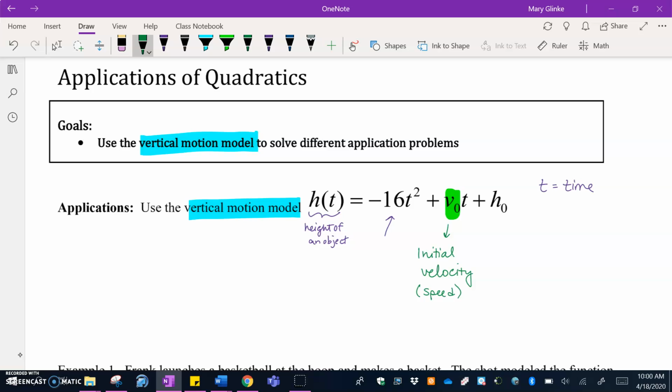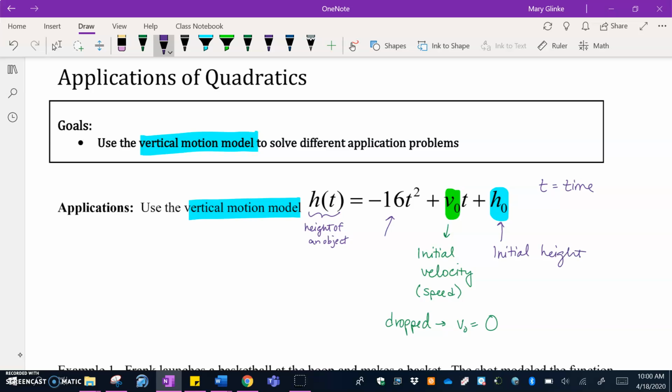The other thing you might see is an object might be dropped. If in your word problem the object is dropped, that means the initial velocity is 0, so you could plug in 0 for that one. Now the other thing we're going to have to plug in here is your initial height. So h naught or h sub 0 is your initial height.